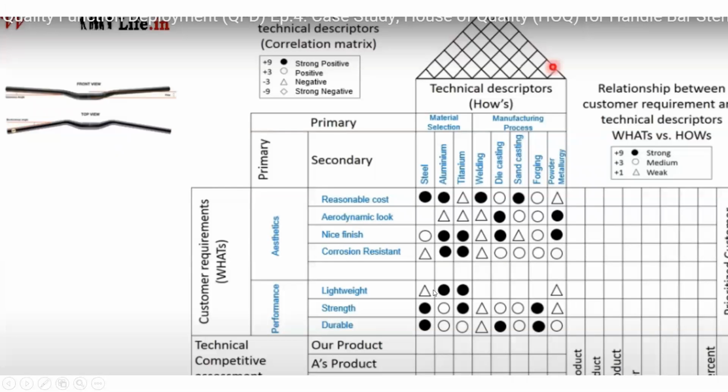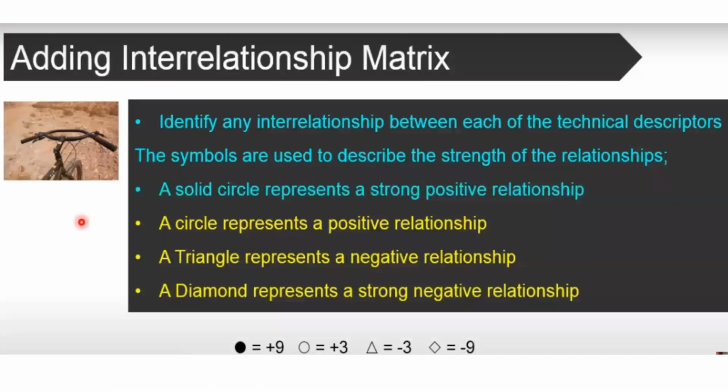So this is the relationship between what and how. With a lot of symbols, normally we put the relationship at the side. Then, adding a relationship matrix between each technical description.